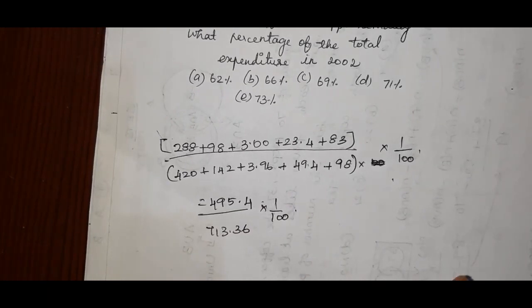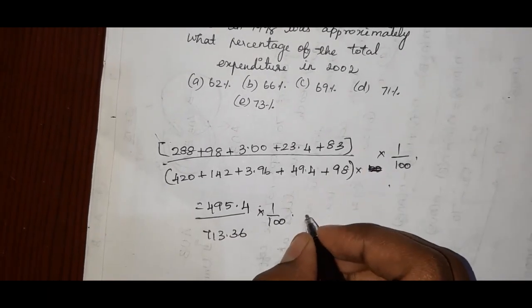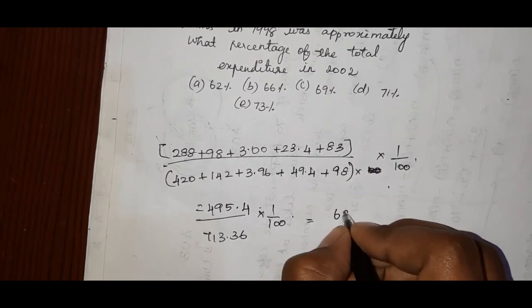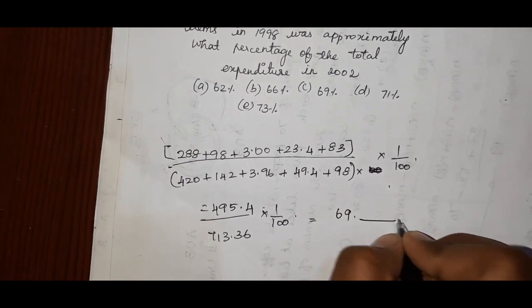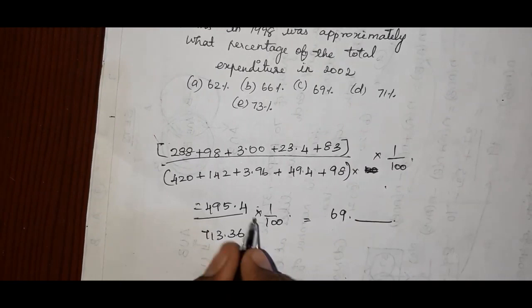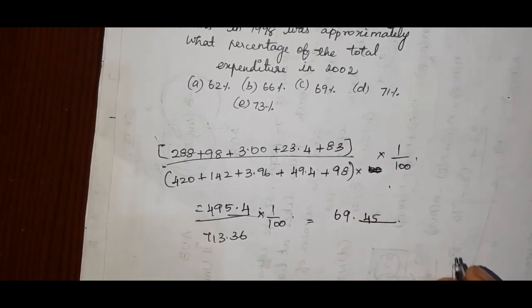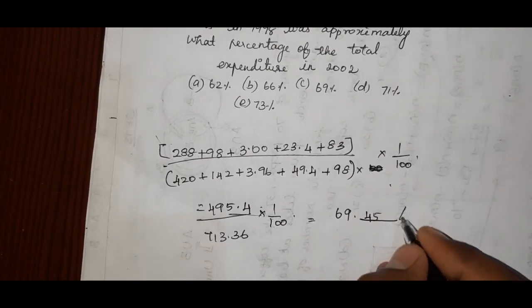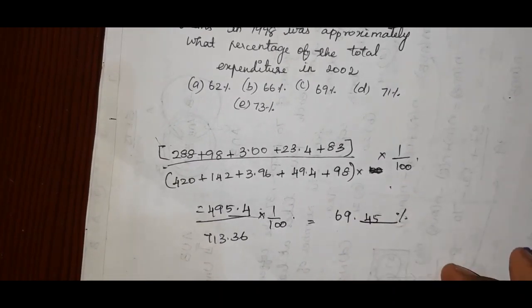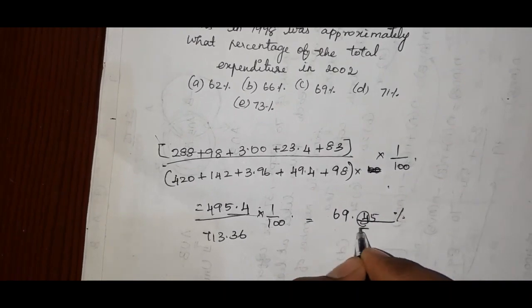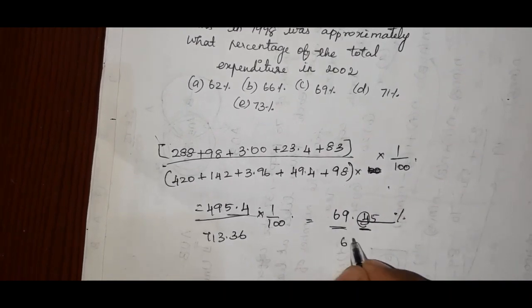After finding this value, we'll be getting approximately around 69 point something. I think 4, 5. So 69.45 percentage. Since the value after the decimal is less than 5, we'll be taking this as 69.